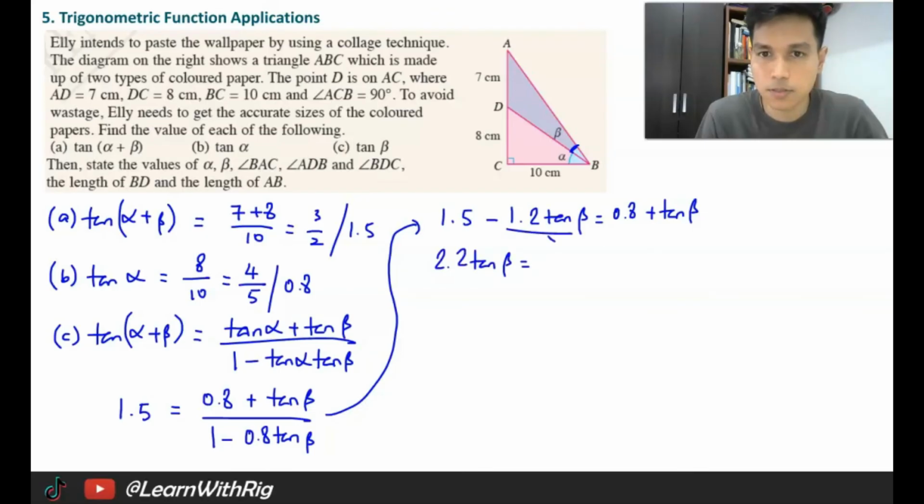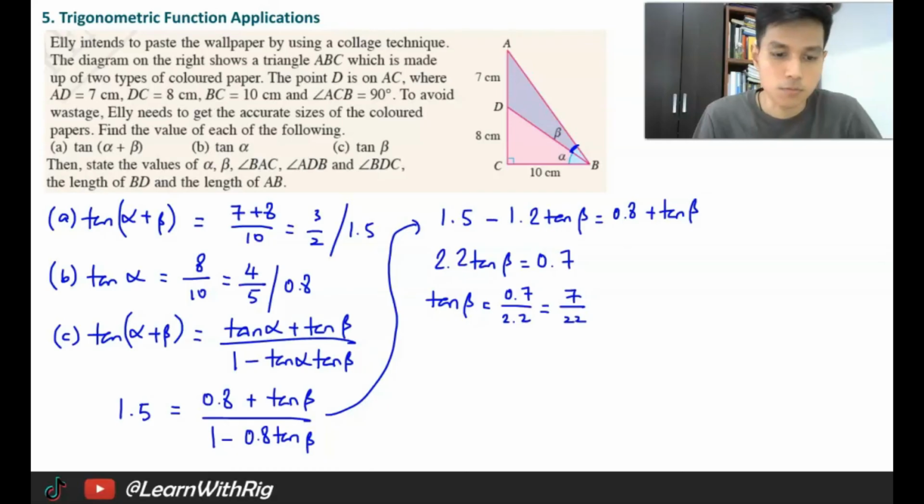I bring this to the other side. So 1.2 plus 1 is 2.2, and then 1.5 minus 0.8, I should get 0.7. So tangent beta equals 0.7 divided by 2.2, which also equals 7 over 22.